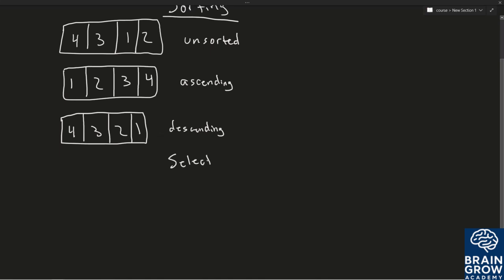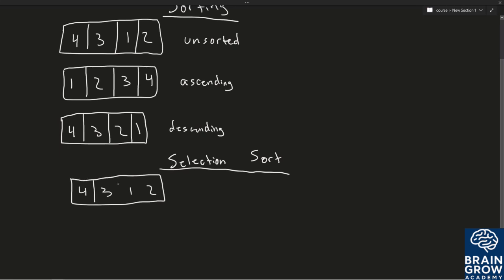So we have selection sort. So to start off, we will use the exact same vector of values that we had above of 4, 3, 1, and 2. So we want to use selection sort to sort these values.